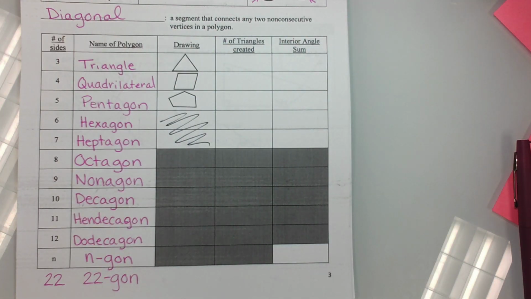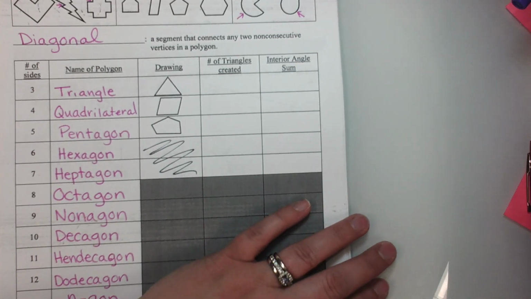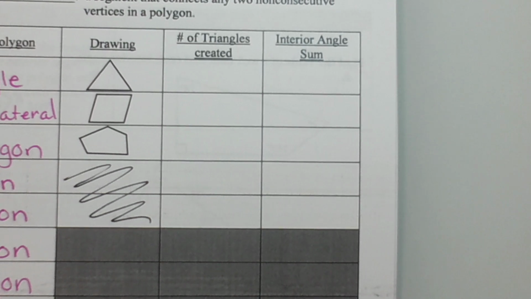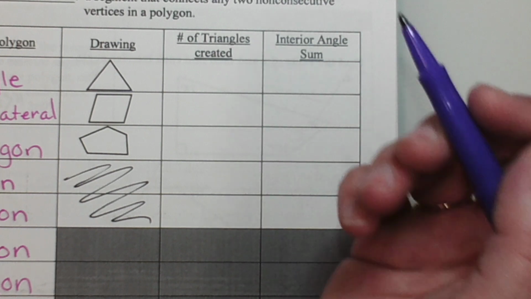Earlier I mentioned that focusing in on the diagonals is going to tell us something about these shapes. Now a diagonal, again, connects one corner of the shape to another corner of the shape. It can't be the corner right next to it.